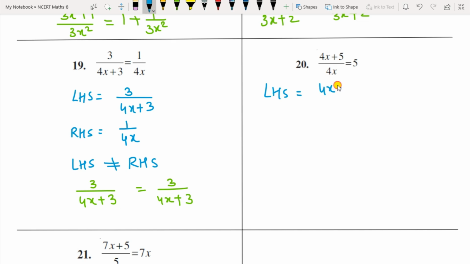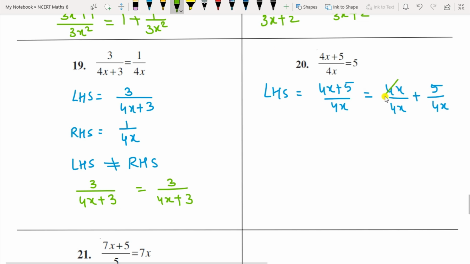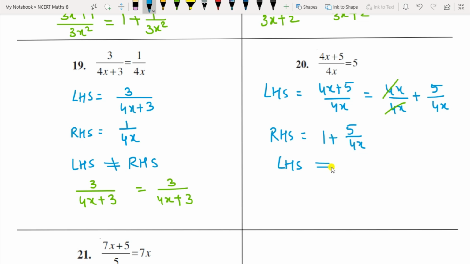You can solve it by taking the monomial to each of the terms of the numerator, plus 5 upon 4x. This 4x will get cancelled here.